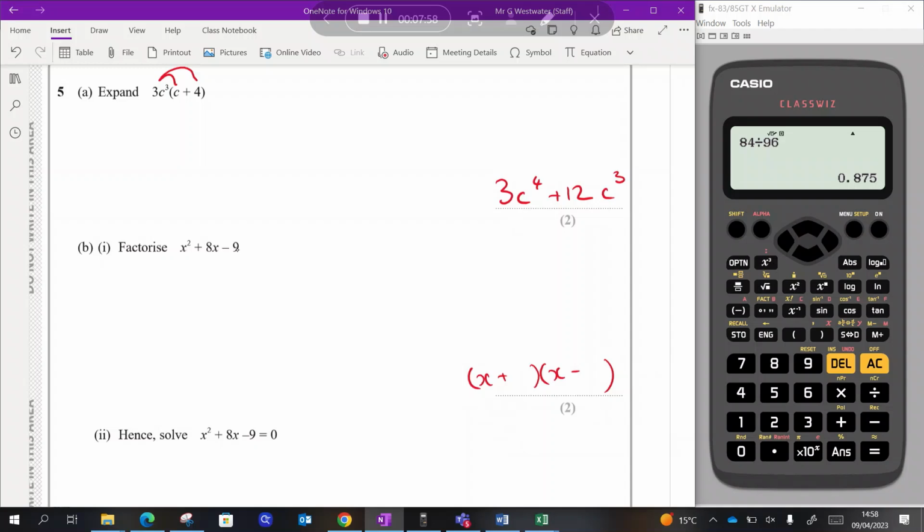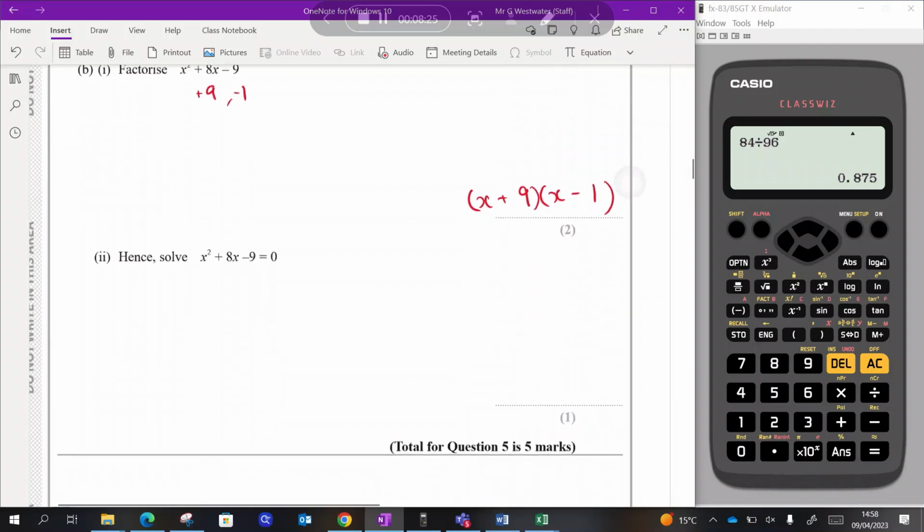And 2 things that multiply to 9 but have a difference of 8 if one's positive and negative, is going to be 9 and 1. And if we want plus 8 afterwards, then we'll want the larger number to be positive and the smaller number to be negative. So plus 9 minus 1. If you think about expanding this, we'll get plus 9x minus 1x to get that plus 8x in the middle.